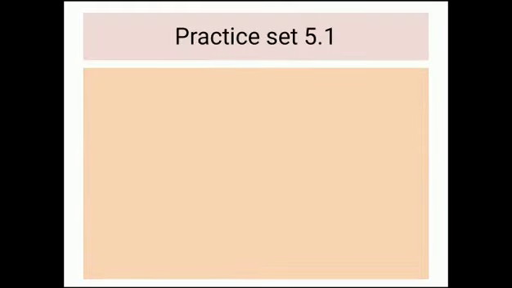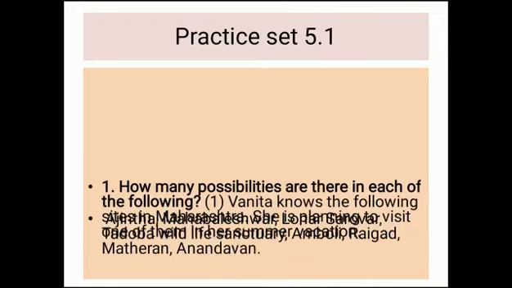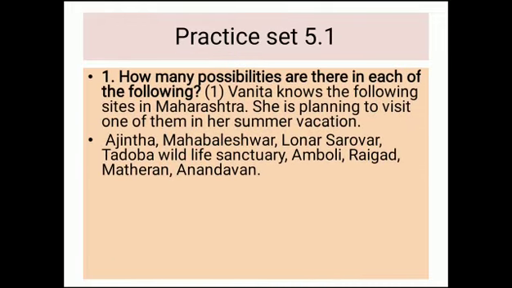Let's solve practice set 5.1. The first question is, how many possibilities are there in each of the following? Question number 1. Vanita knows the following sites in Maharashtra. She is planning to visit one of them in her summer vacation.